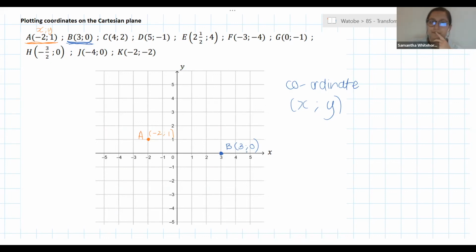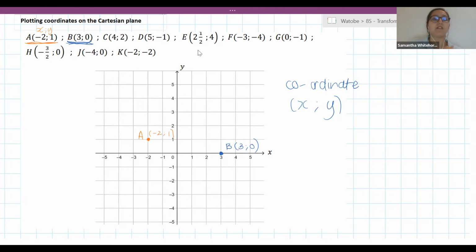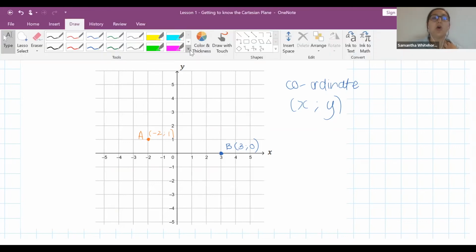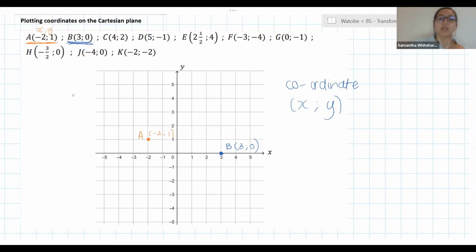Okay, so guys, if you've got this down or have drawn it for yourselves, that's awesome. If not, I completely understand that it's a bit of a lot to do. So what I want you to do is visualize for yourself where you would plot the point C. This 4, 2, where should that go?